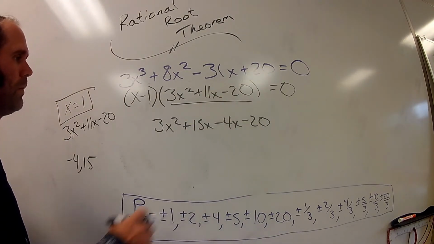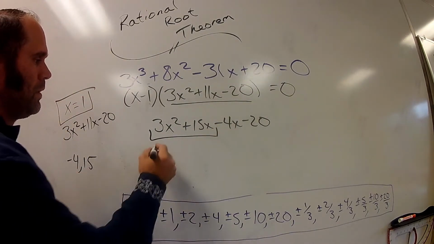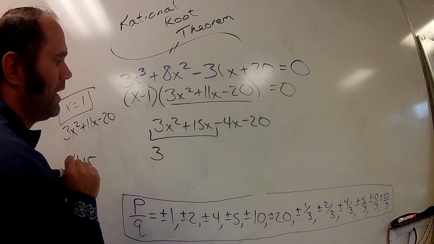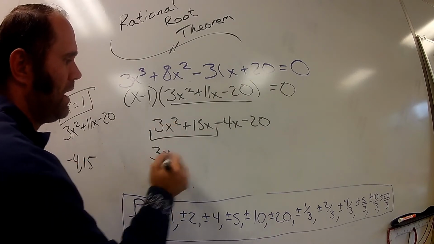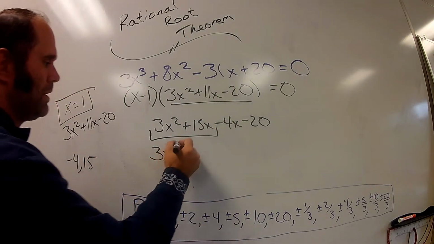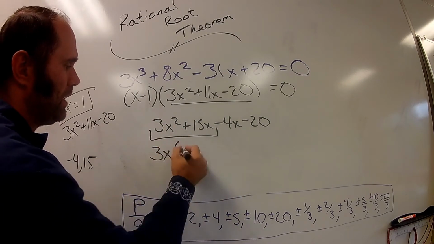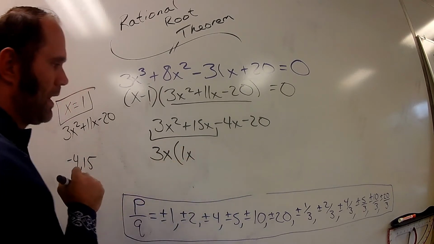So, what do these 2 have in common? Well, they both have a 3. 3 times 5 is 15, and 3 times 1 is 3. They both have an x. X times x is x squared. X times 1 is x. So they both have a 3x in common. And what do they have left inside? Once you pull the 3 out of 3, you have a 1 left. When you pull an x out of x squared, you get an x.